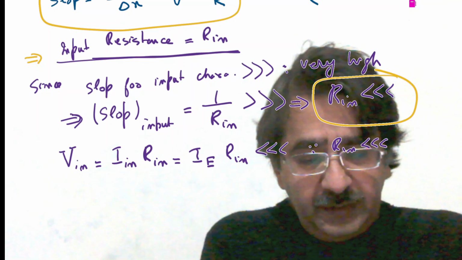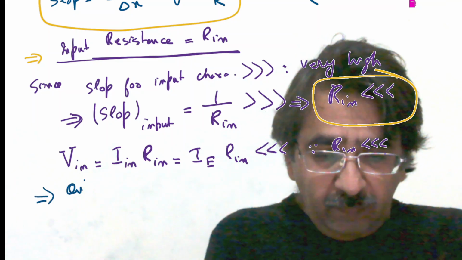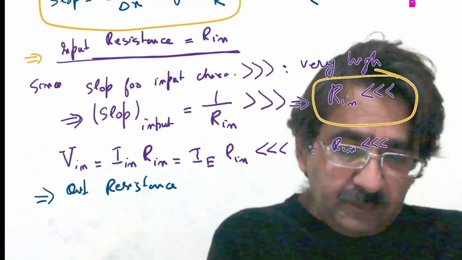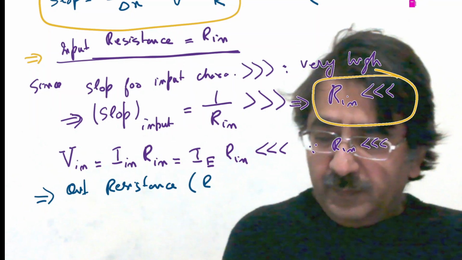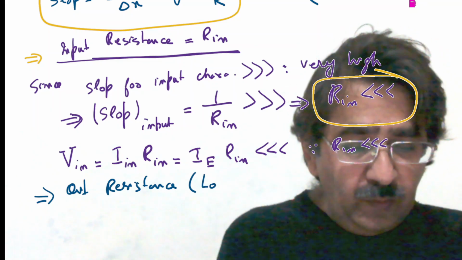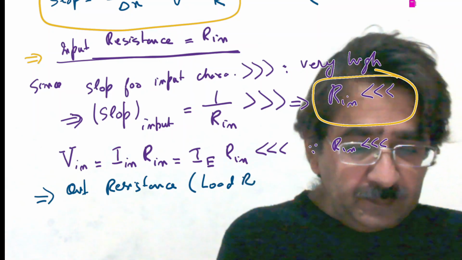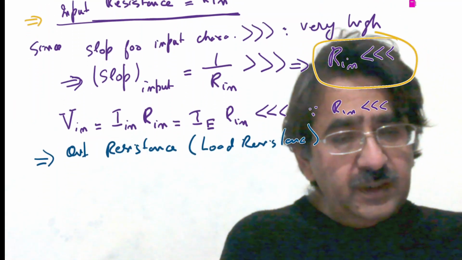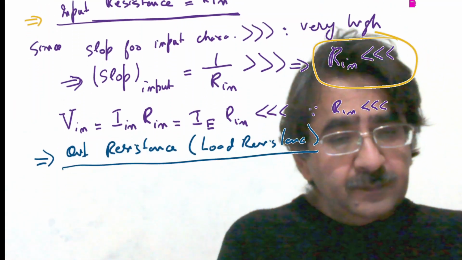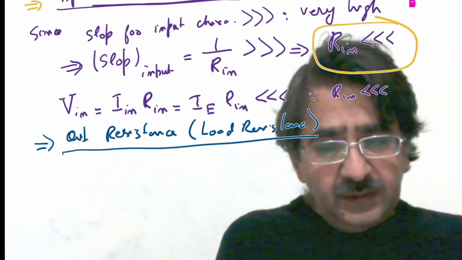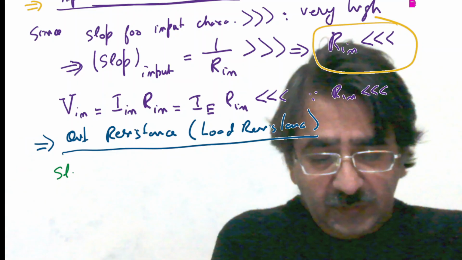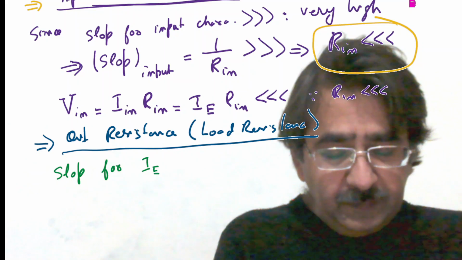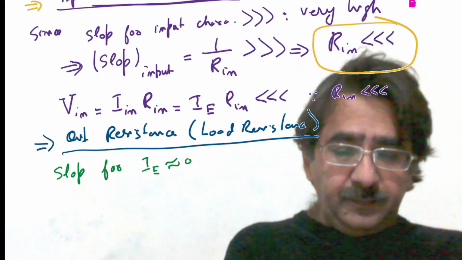But in the case of output resistance, or the load resistance, the slope for IE is approximately 0.